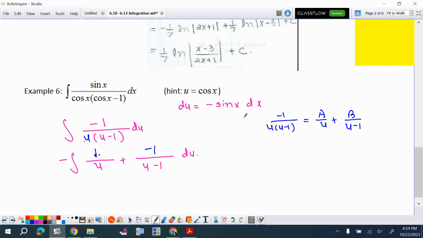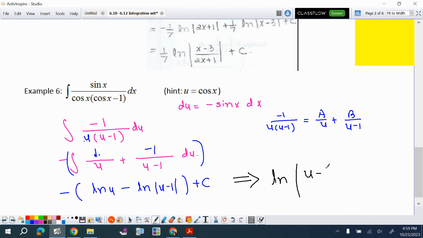You can find the values of a and b. Okay, so the negative sign stays outside all the way, and you have negative ln u minus ln u minus 1 plus c. And if you combine these two together, this negative becomes positive. That will be negative, and your final answer is this.